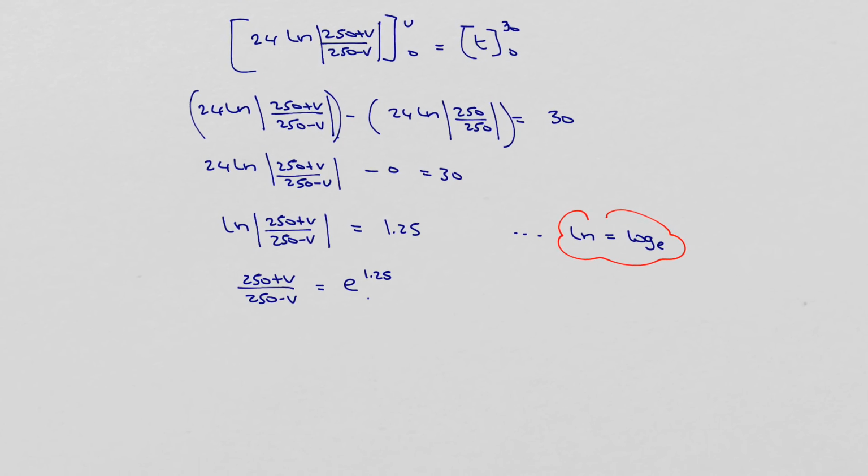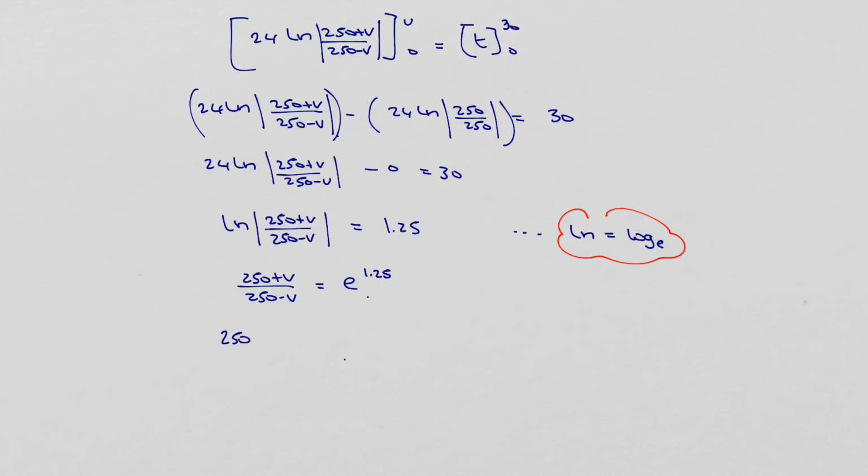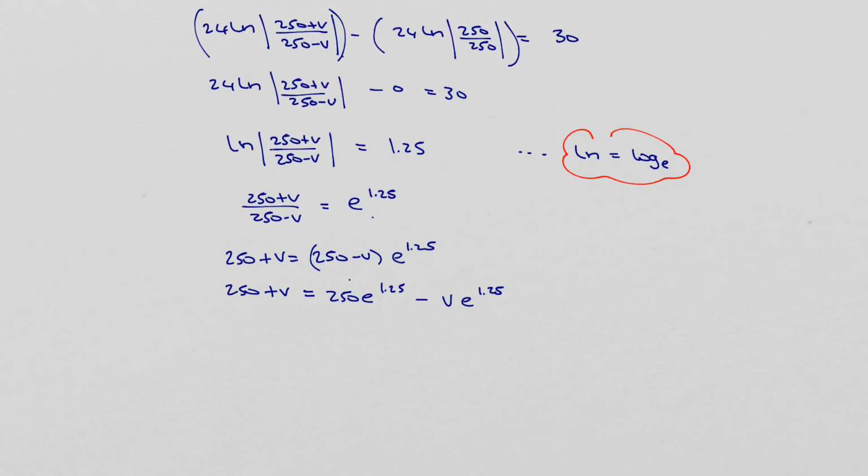So if I rearrange that, that gives me 250 plus v is equal to 250 minus v times e to the 1.25. So 250 plus v is equal to 250 e to the 1.25 minus v e to the power of 1.25. Bring all the v's to the left.